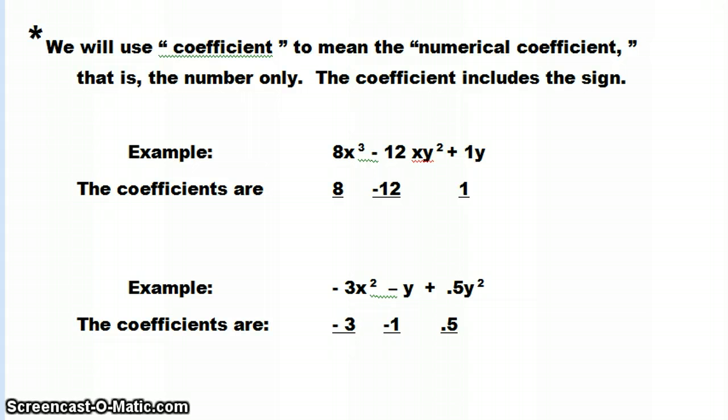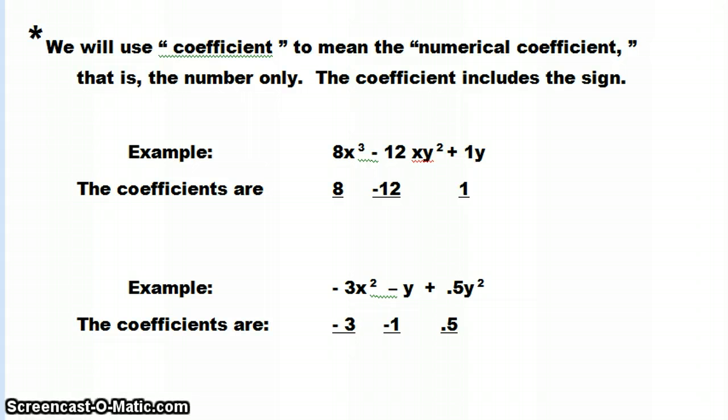On page 3 of your handout, lecture notes, you will see what we're going to be using as the coefficient. Normally when we talk about coefficient, we're talking about the numerical coefficient, that is the number only. So for the rest of the lecture notes, whenever I say coefficient, I'm going to be talking only about that numerical number that's in front of the variable.